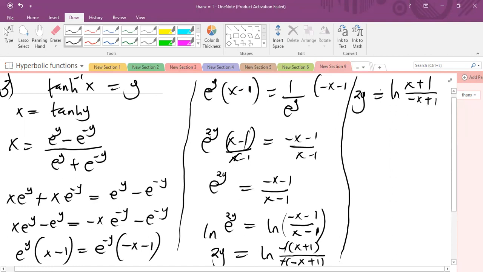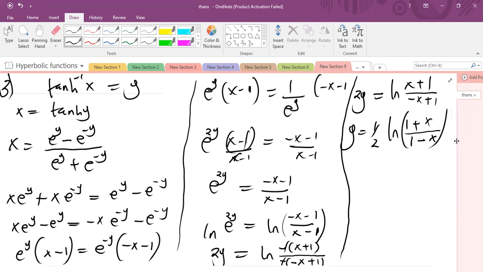Okay, so divide by 2 on both sides. So I have y is equal to a half ln. I can write this as (1 + x)/(1 - x). And this gives me the log form of tan hyperbolic inverse of x.